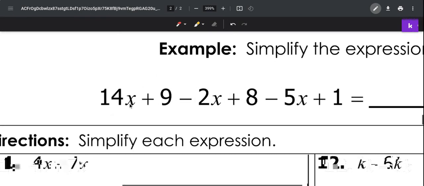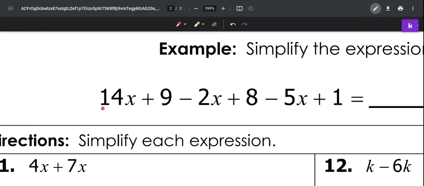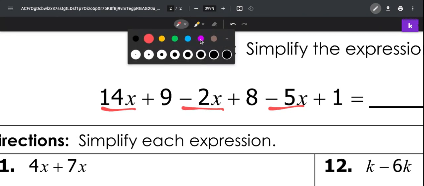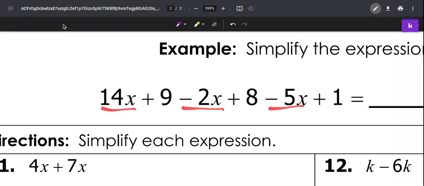All right. So anything that's a variable term, let's underline that once. 14x minus 2x, so -2x, and then -5x. All right. Now let's go back and underline anything twice that is a constant. So 9, 8, 1.